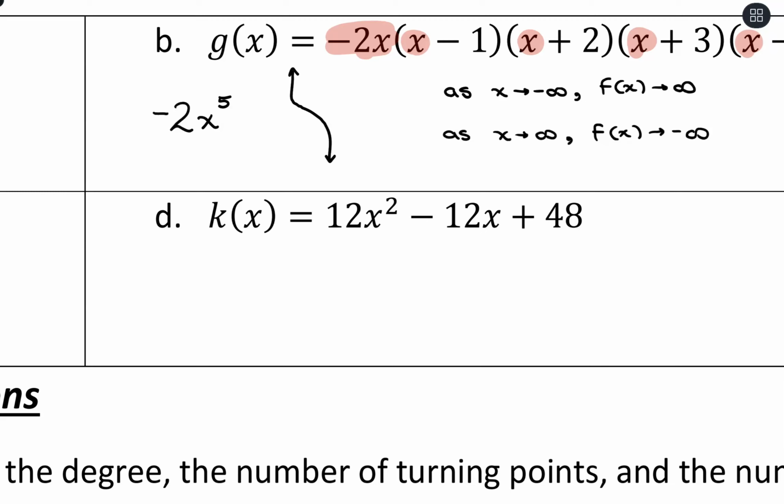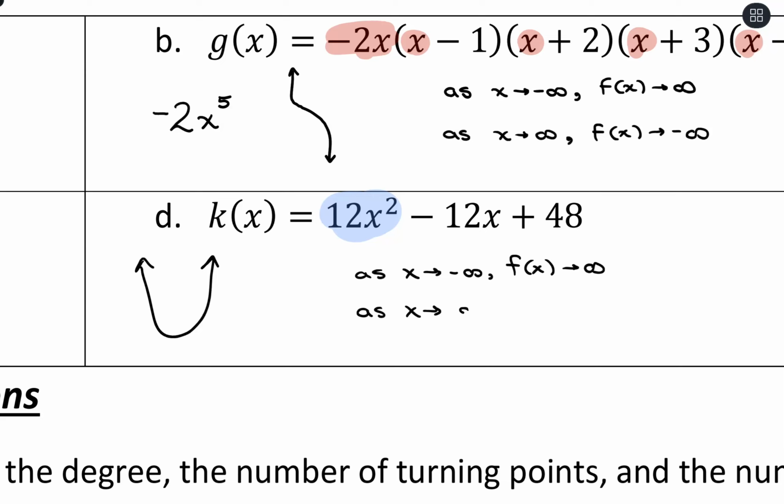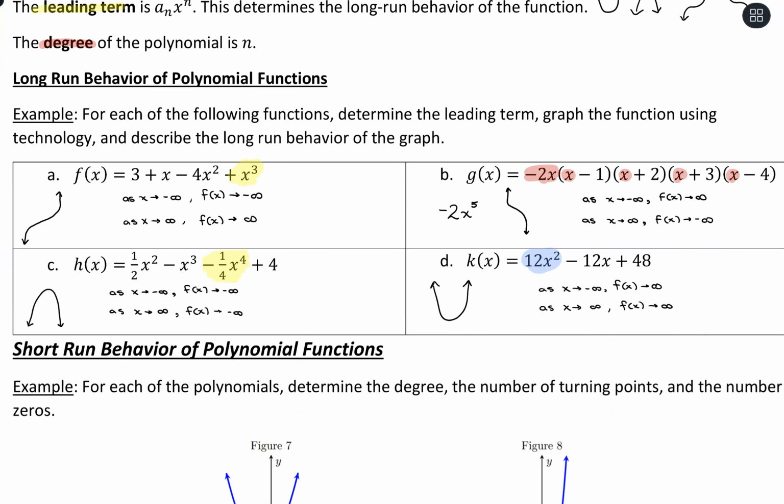And with this one, this is just a classic parabola right here, and it's opening upward. So as x goes to the left, our function goes up. As x goes to the right, our function goes up.